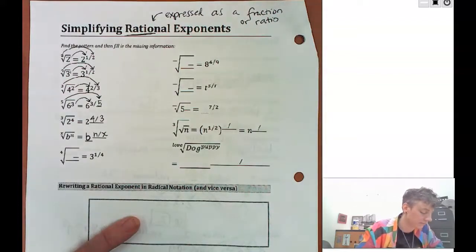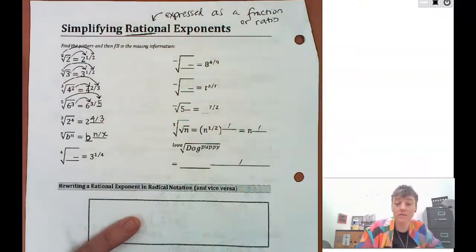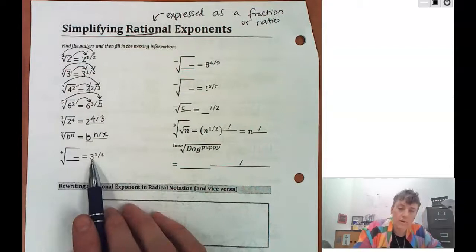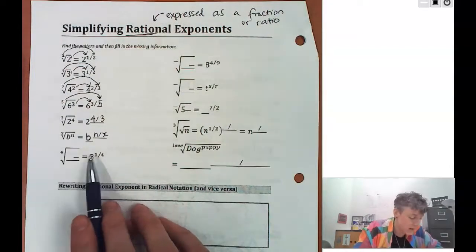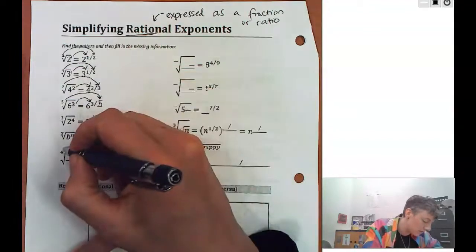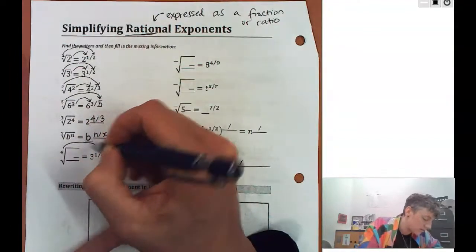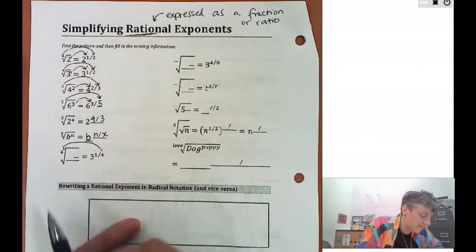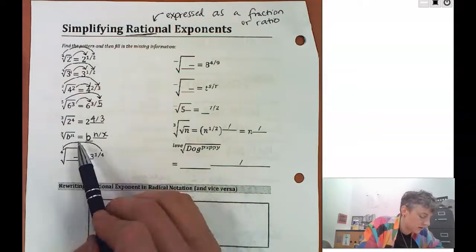Cool. Oh man, can we go backwards? I think we can. I think we can do it. This says 3 to the 1/4 is the same as the 4th root. Got it, because we know that number came from the denominator of the exponents. Let's use our example back up here.